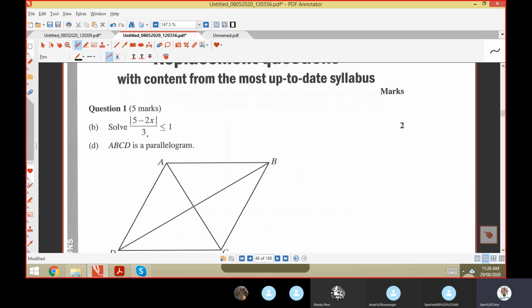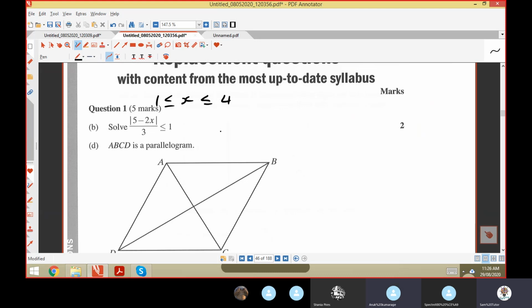Of course, how would you know in your exam if it's correct? Tell me, what's your answer? X is between 4 and 1. Equal to, of course. Equal to, yeah. So 4 and 1. Anyone agree? Disagree? Not sure?